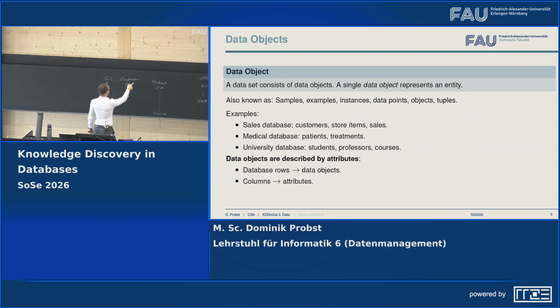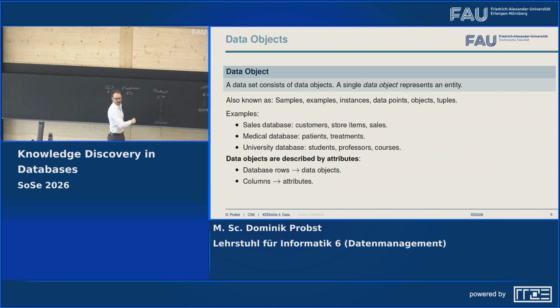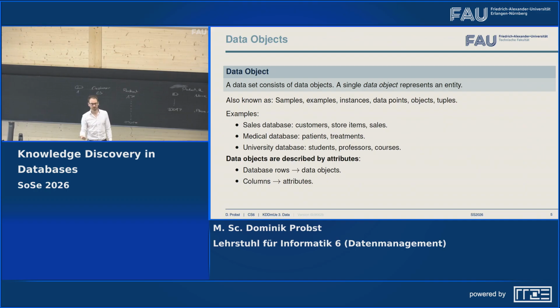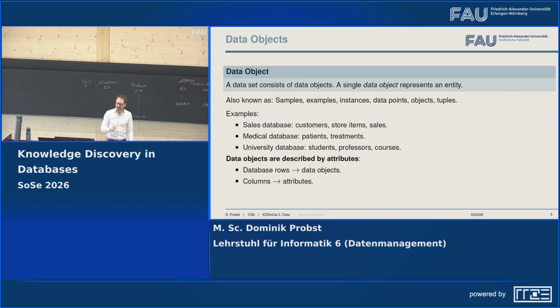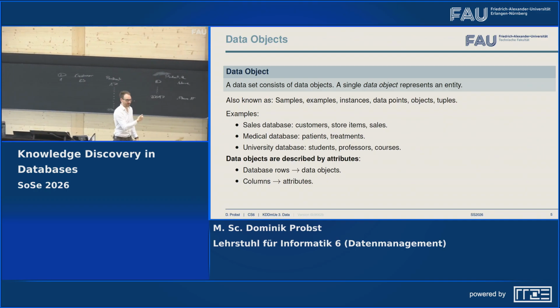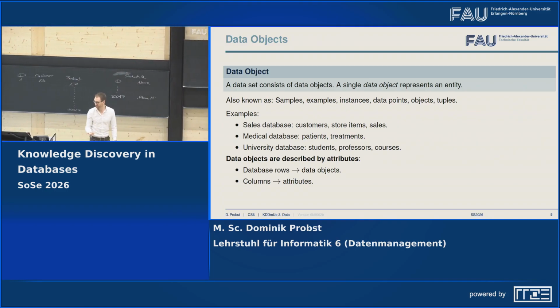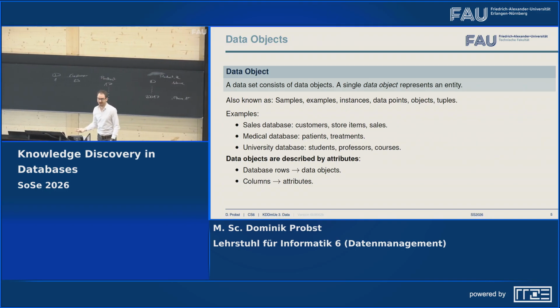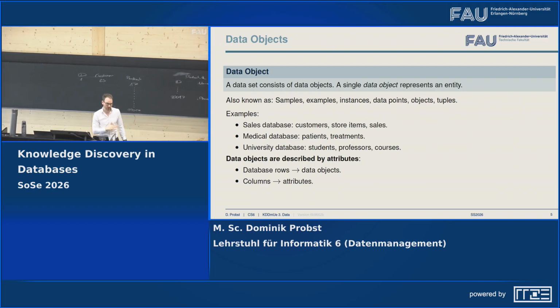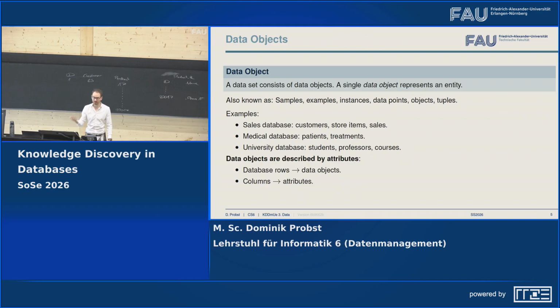These data objects are also known, for example, as samples or examples. They can be called instances, data points, objects, and the term I most often use, tuples. Why am I using tuples most often?